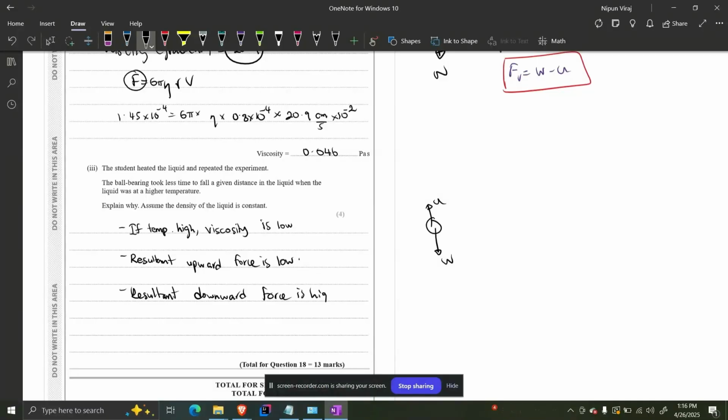Therefore we can say it takes less time to fall. That's true, right? Because there are two situations. In one situation, you have a higher force downwards, and in the other situation you have a lower force downwards. So if you have a higher force in the downward direction, it will take less time to fall. So you get 4 marks for these points.